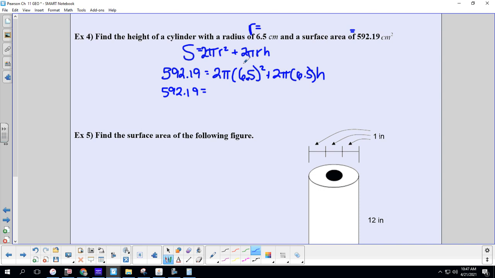6.5 squared is 42.25. And then times that by 2. It's 84.5. 2 times 6.5 is 13. So we're going to subtract 84.5 pi from both sides.